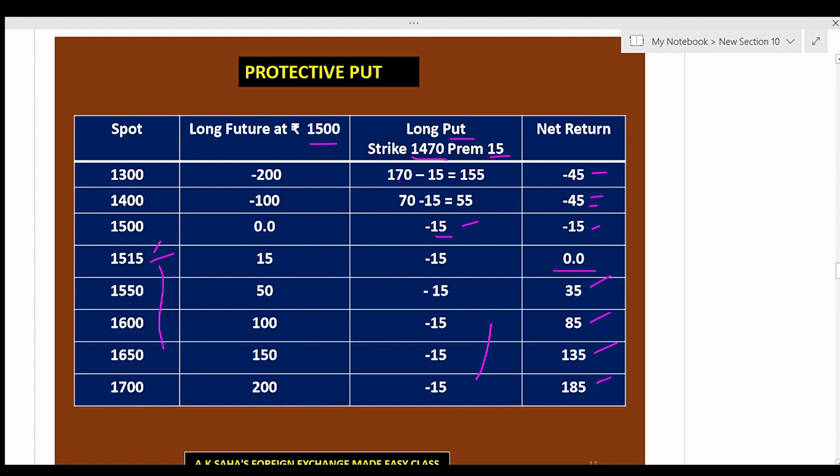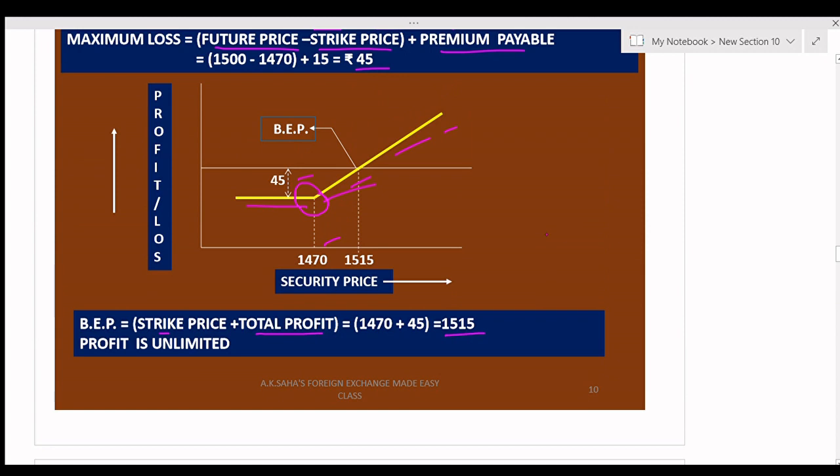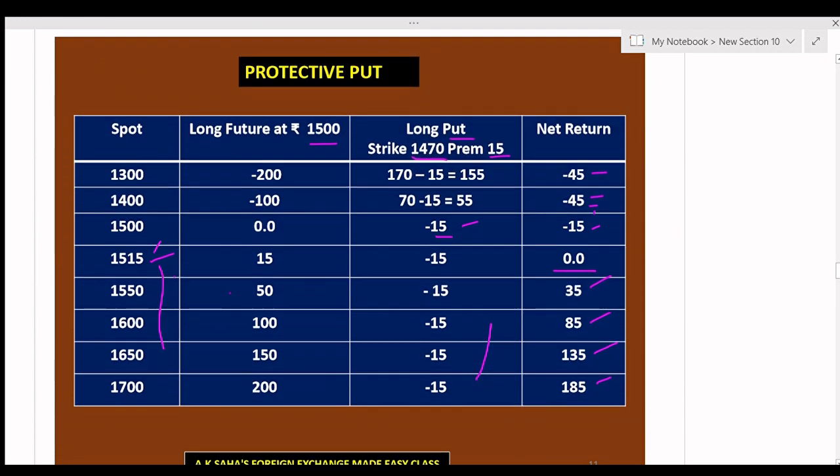From 1470 the loss will be 45 and it will be constant when it moves downwards. You see here, when the market moves below the strike price 1470, the loss will remain constant at 45.